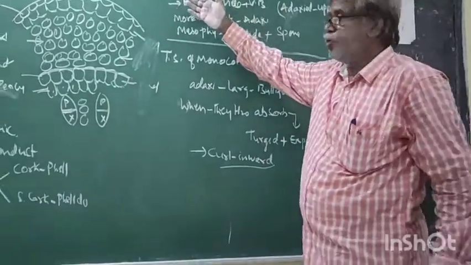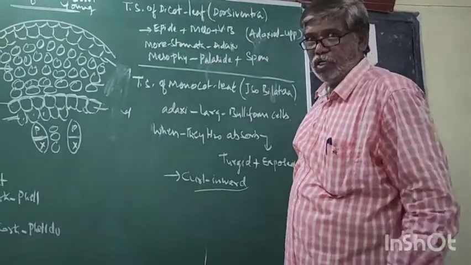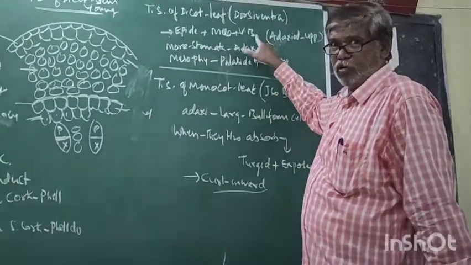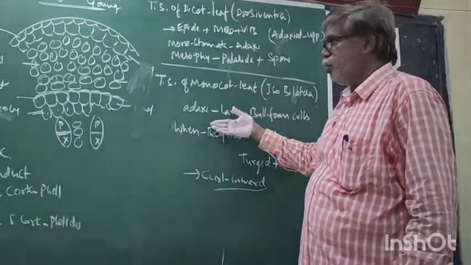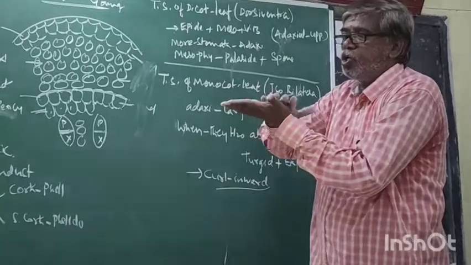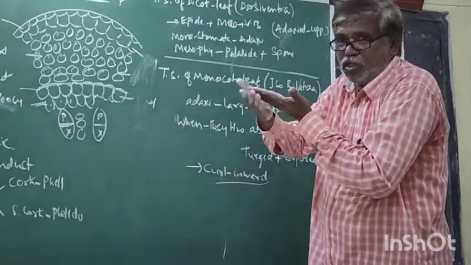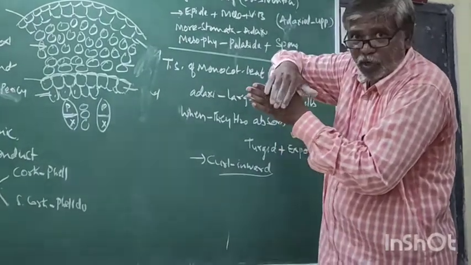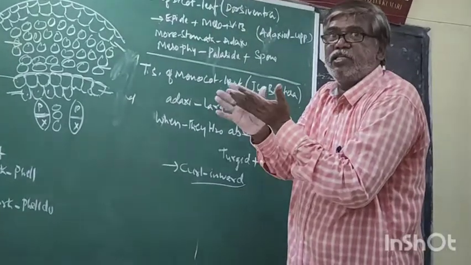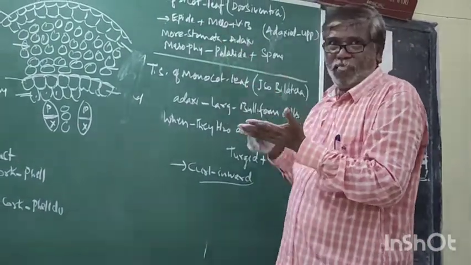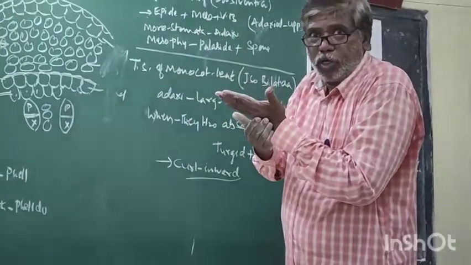The internal structure of the dicot leaf contains three regions: epidermis, mesophyll, and vascular bundles. Either a dicot leaf or a monocot leaf has an upper surface and a lower surface, which is nothing but the epidermal region. That means there is an upper epidermis and a lower epidermis.